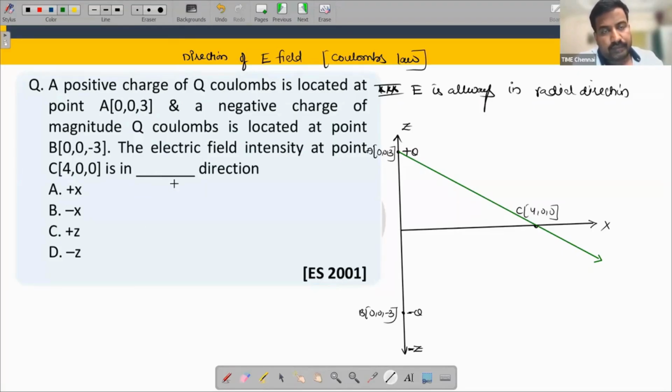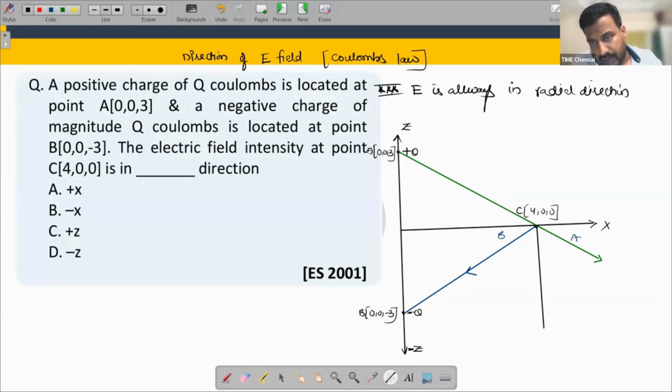A negative charge is a sink of electric field, so it will move in this way. According to the parallelogram law, if A and B are two arms of a parallelogram, the resultant is the diagonal.